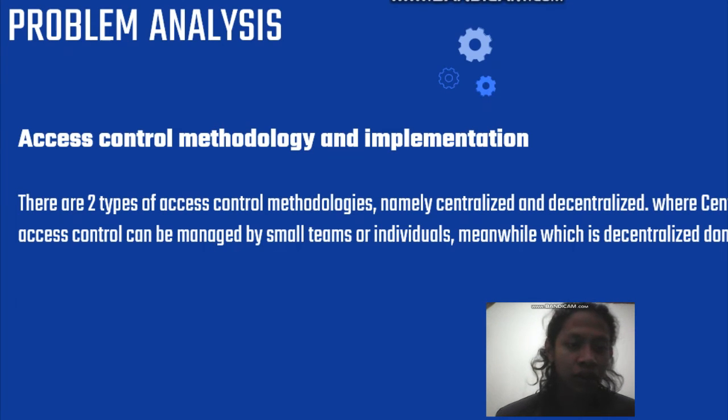Centralized access control can be managed by a small team or an individual. Centralized access control is usually implemented by granting access rights to a location, which is usually a server.